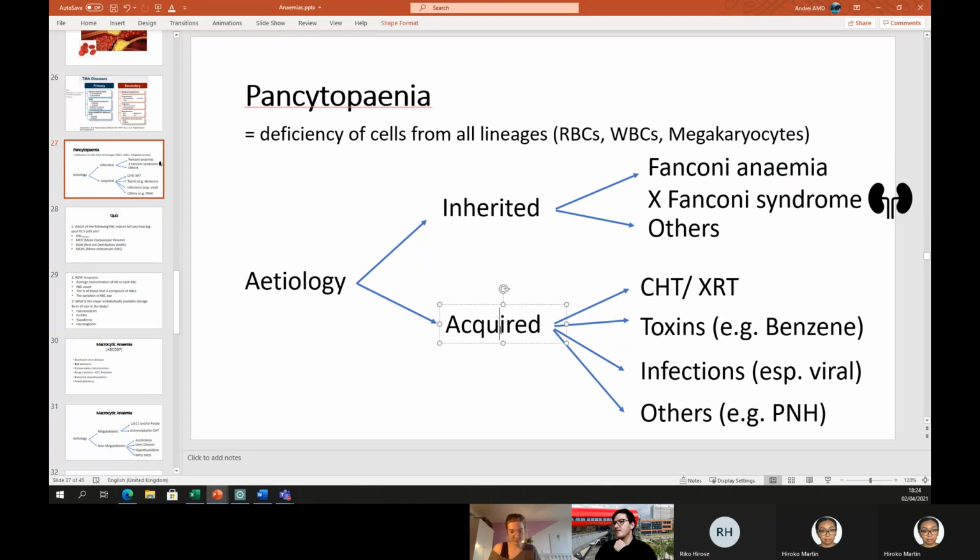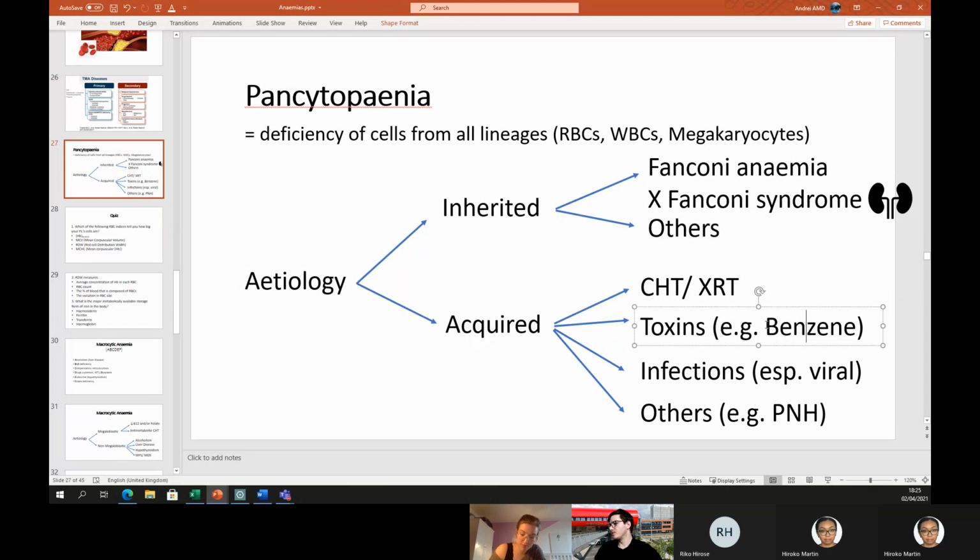Others, so acquired: when can you get a deficiency in all cell lineages? Well, when you have chemotherapy or radiotherapy that will attack your bone marrow. Toxins such as benzene. So whenever you think of benzene nowadays, think of iPhone and Android as well. They're making those products and other electronics with benzene.